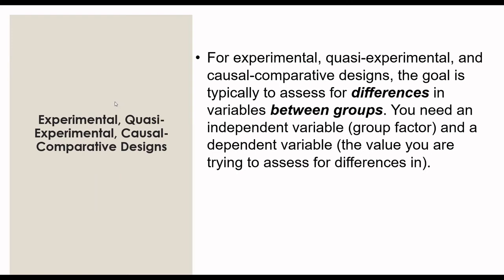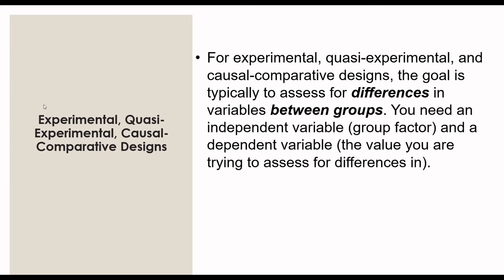Okay, the next group of designs we'll look at here are experimental, quasi-experimental, and causal comparative designs. These all fall under a similar hierarchy, in that the goal of these designs is to test for differences. That's the key word here.